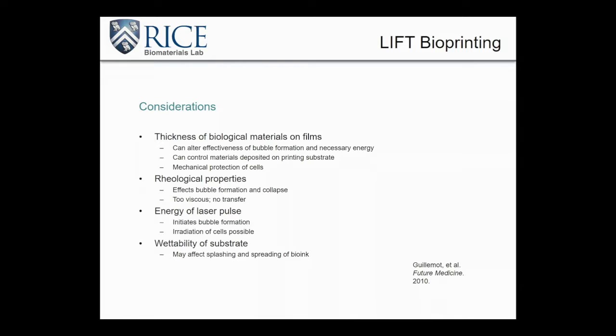Viscosity and rheological properties are important here, just as they are in the other printing methodologies, because we're going to go back to how they affect the bubble formation and the collapse of that bubble. If you have too viscous of a material, you're just not going to get an energy transfer. And if it's too viscous and you keep trying to increase the energy, you might end up essentially cooking your cells, in which case you need to go back to the drawing board and find ways to reduce the viscosity of your bioink.